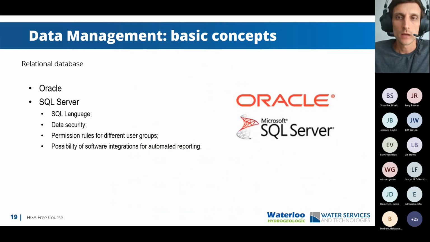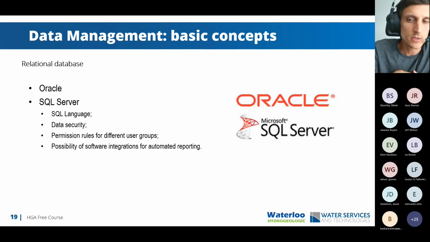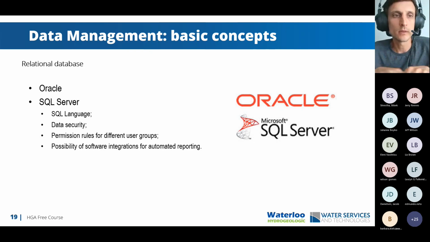And the most used database systems in the world are Oracle and SQL Server. They both work with relational databases. They're both SQL servers. SQL is a programming language, and it's the most used for databases.